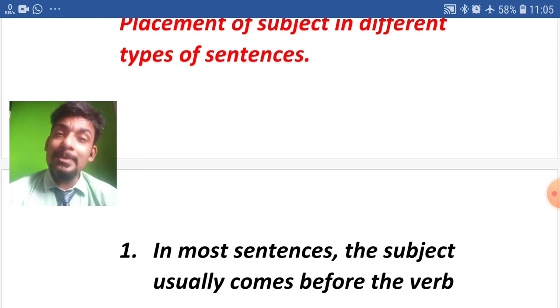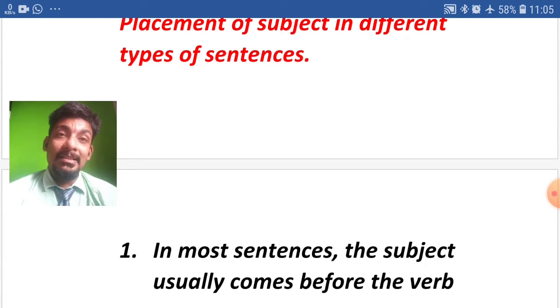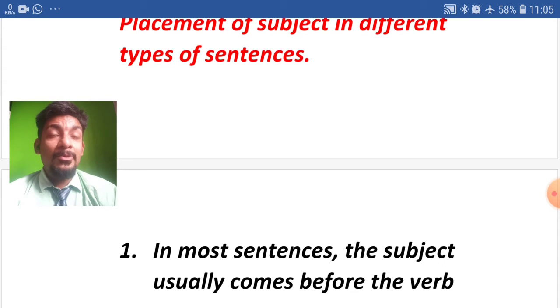In the first point, we discussed that it's a general rule that the subject comes before the verb. Then I taught you where to put the subject in exclamatory sentence, imperative sentence, and interrogative sentence.